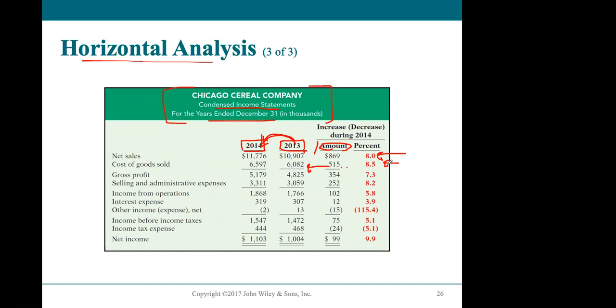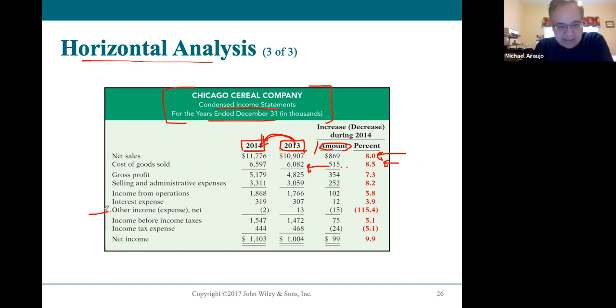Okay. Can you actually go over the other income expenses there where it has 2 and 13? Yeah, sure. Okay. Yeah, this is an odd one, right? This is an odd one because what happened here is, I'm glad you asked this. You had other income at 13, which is a positive number here, going to a negative number.